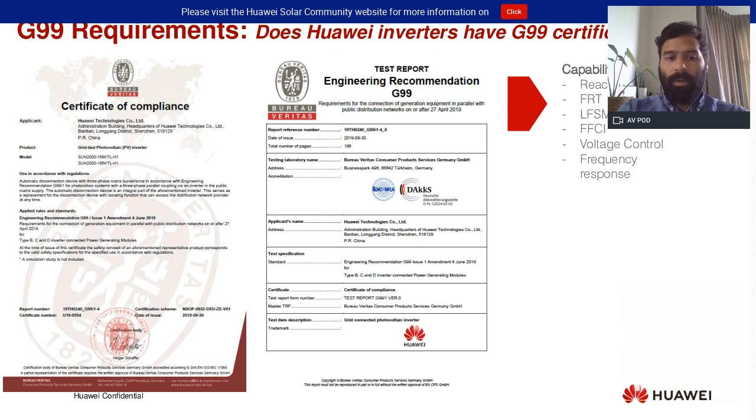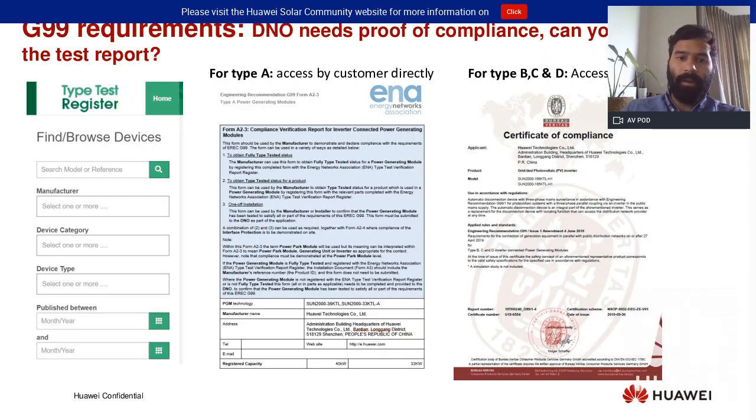The DNO will most likely ask you for this document during your compliance process. All of these reports have been uploaded to the ENA website, which can be accessed by the DNO, and they can get the information from there. For type A sites, there is the type test verification report, which you can also access on the type test register portal.